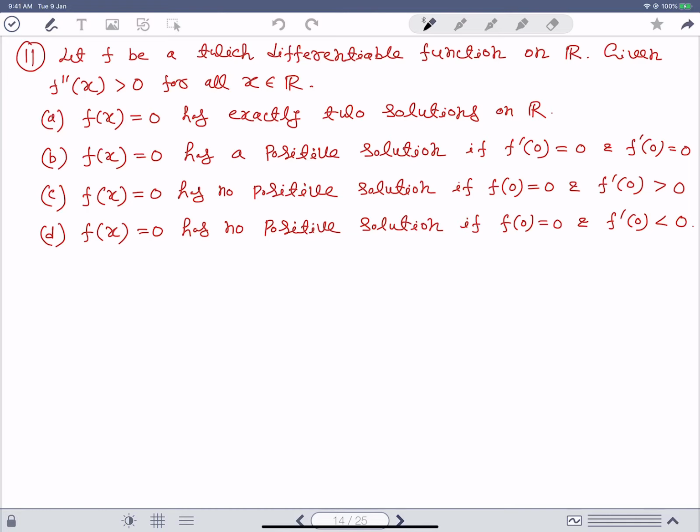For this problem, A says f x equal to 0 has exactly 2 solutions, means it says f has exactly 2 roots.